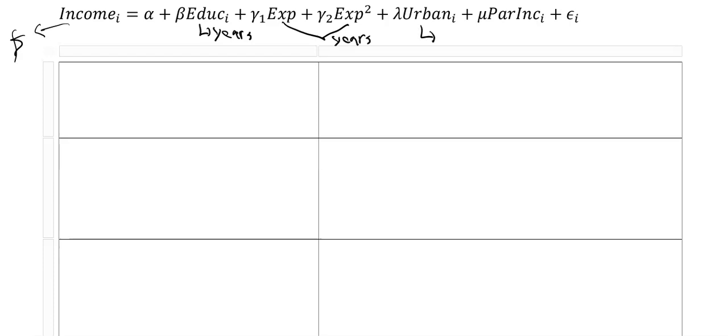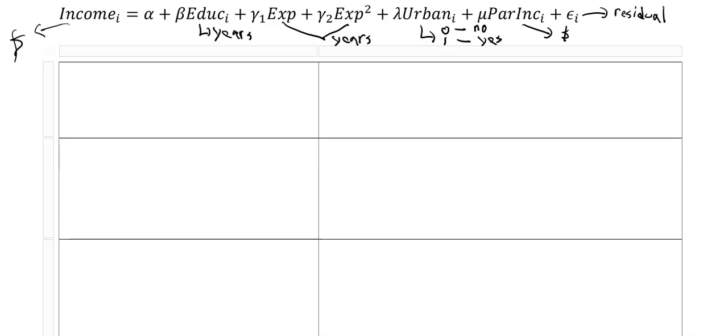Urban is what we would call a 0, 1, a dummy variable. 0 meaning no, the person's not in an urban area. 1 means yes, the person lives in an urban area. And finally, we have what we would call parents' income. So for this individual's income, we want to see if parents' income affects the individual's later income. And this one is also in dollars, and this is our shock, or what we would call a residual.